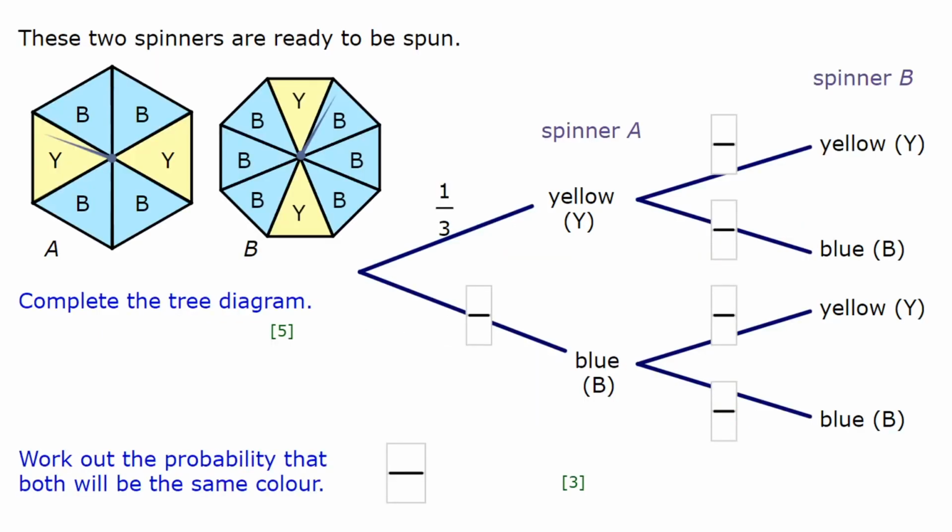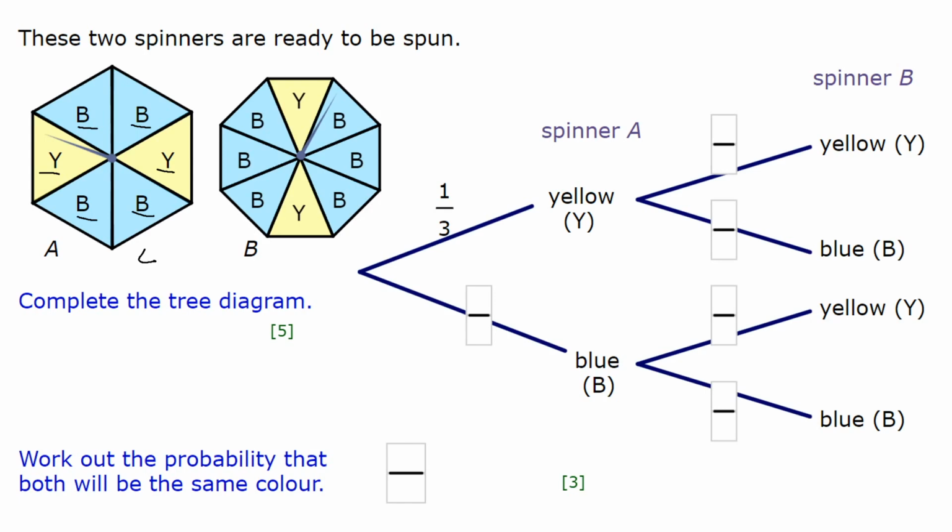Now let's look at applying what we do know to a probability tree. Here are two spinners. We spin A and then we spin B. Complete the tree diagram. So, as you can see, for the first spinner, there are 1, 2, 3, 4, 5, 6 faces, okay? 2 of them represent yellow, so it's a 2 in 6 chance of yellow or 1 in 3.